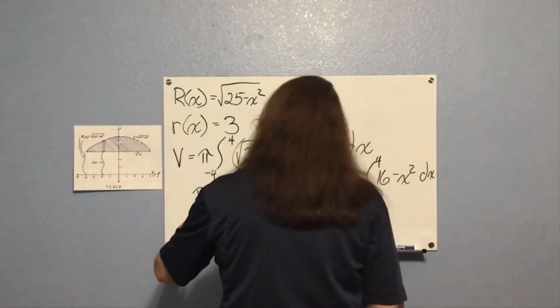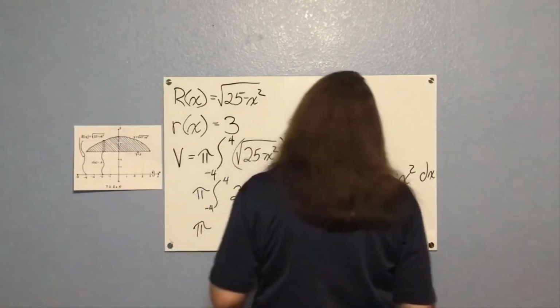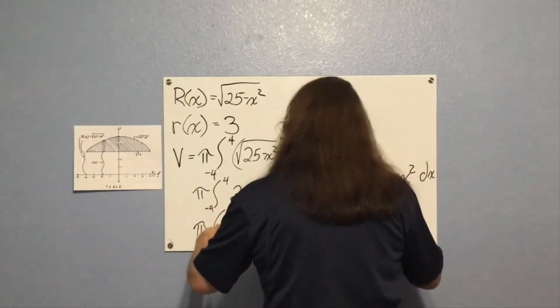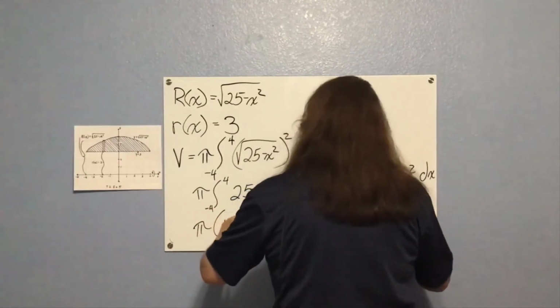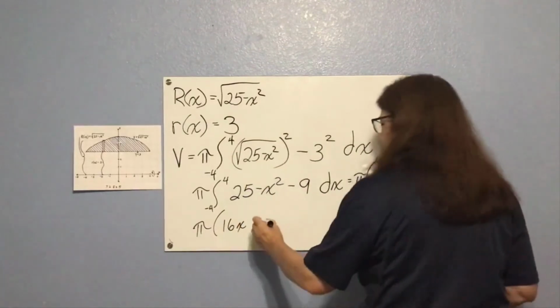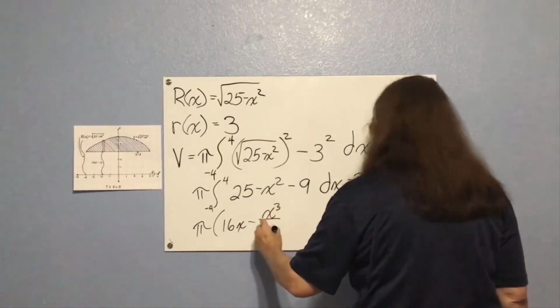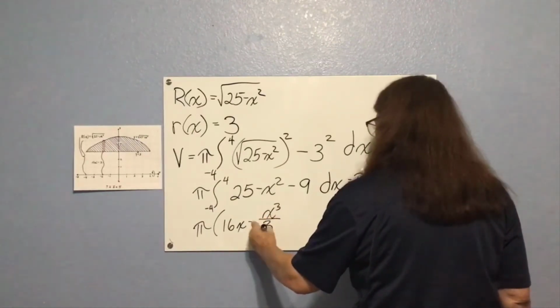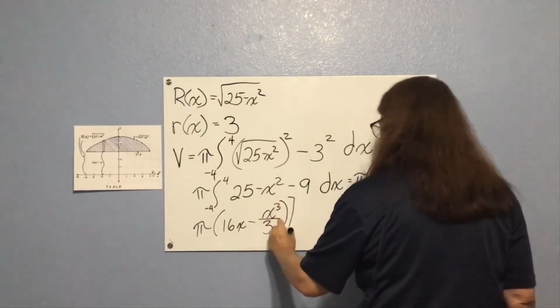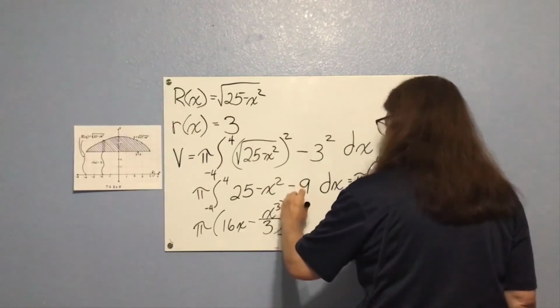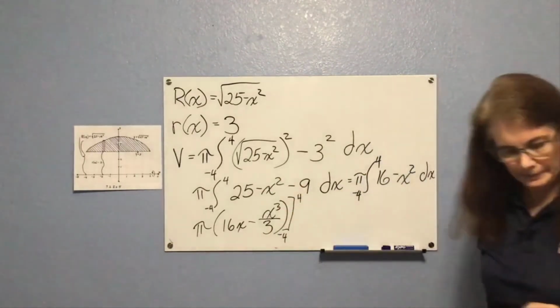I'm going to integrate that and get pi times 16x minus x cubed over 3, evaluated from -4 to +4.